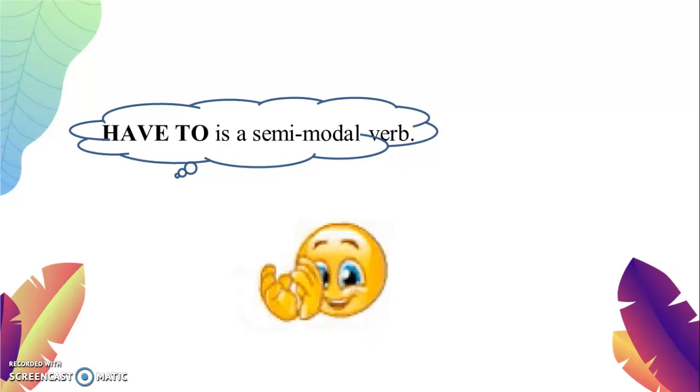For example, do you have to go now? So we see where the semi-modal verb is used in this sense. Please bear in mind though, that two modals cannot be in one sentence. Two modal verbs cannot be together in one sentence.